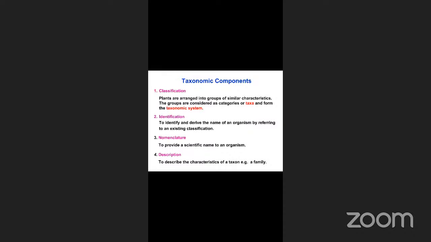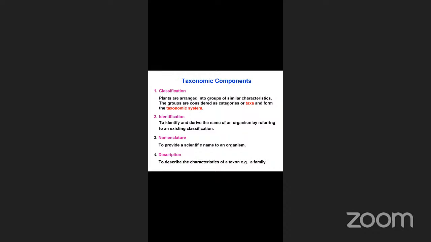All these are the information on the development of botanical code.